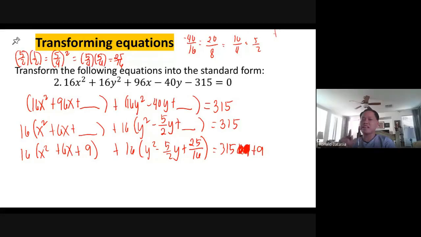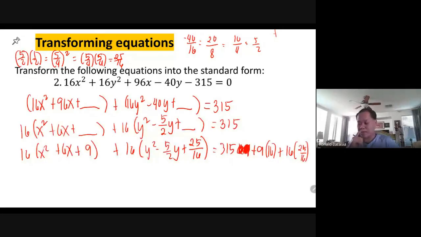But you forgot that you have 16 being factored out outside the trinomial. So basically, hindi talaga 9 ang dinagdag mo dyan at hindi lang 25/16 ang dinagdag mo, kundi ang talagang dinagdag mo dyan is 9 times 16 plus 16 times 25/16.